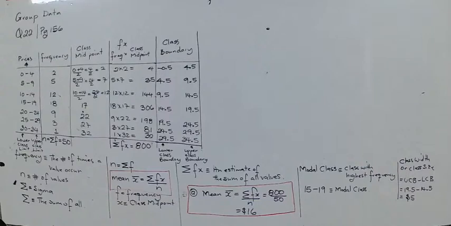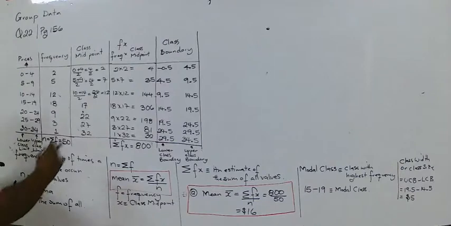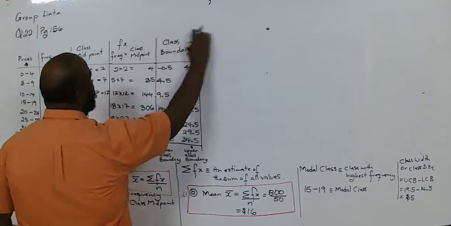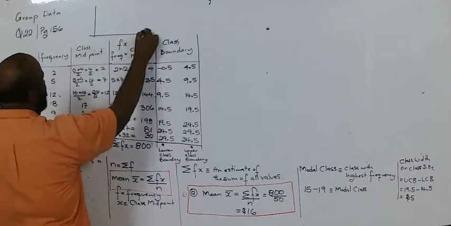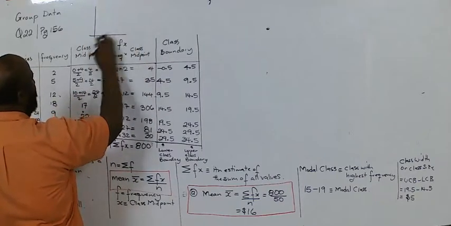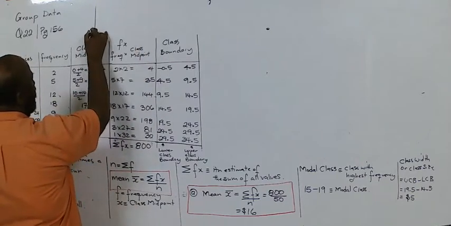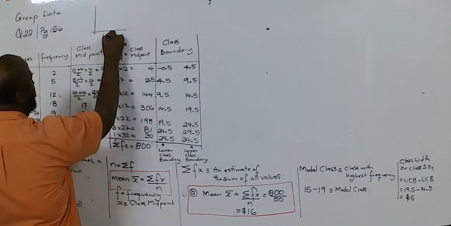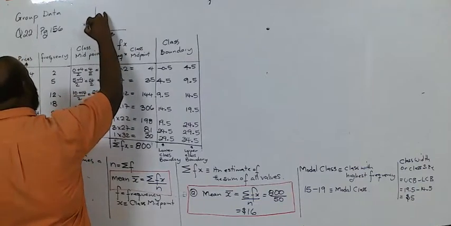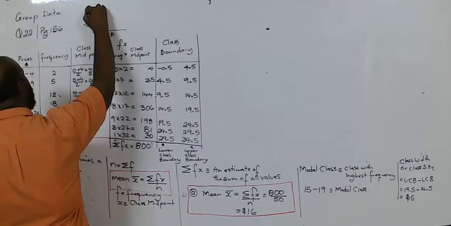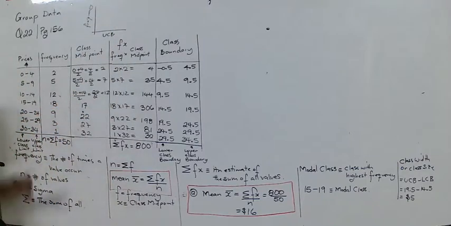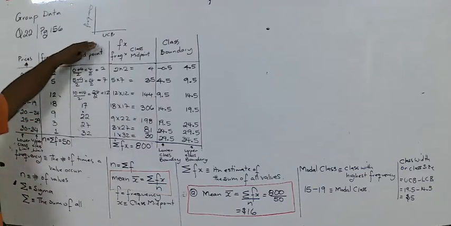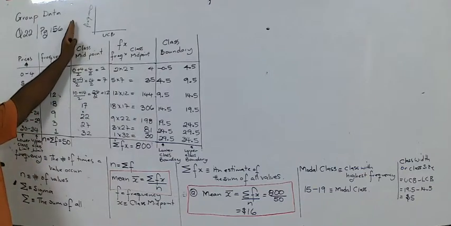First thing, it's my histogram. I'm going to share something with you about the histogram. The values you use to plot the histogram are the upper class boundary and the frequency.